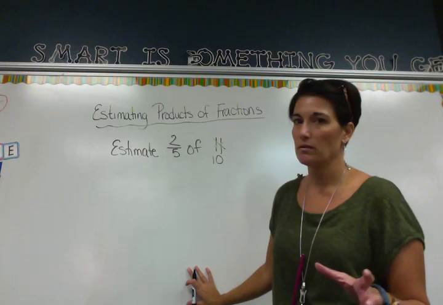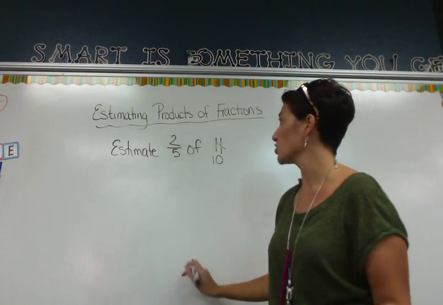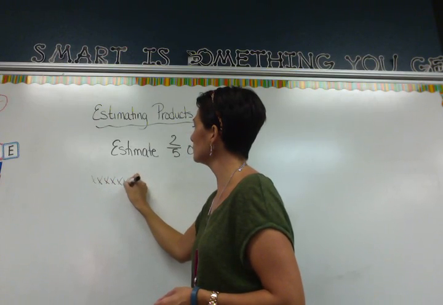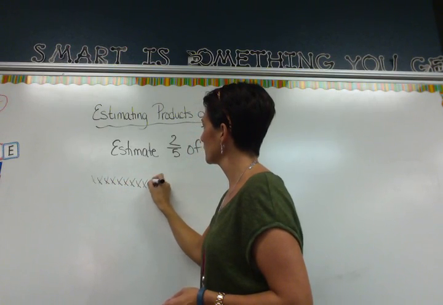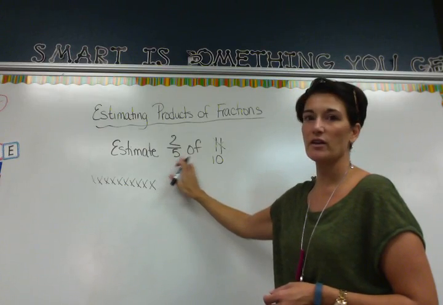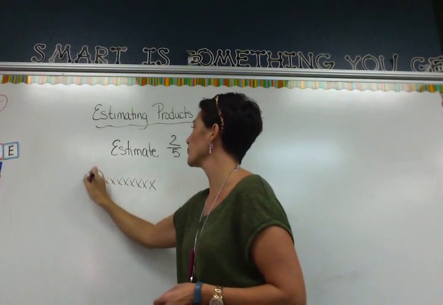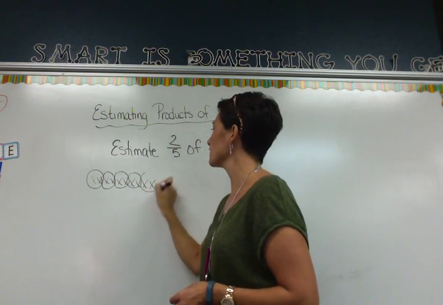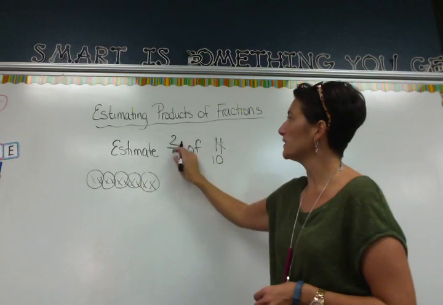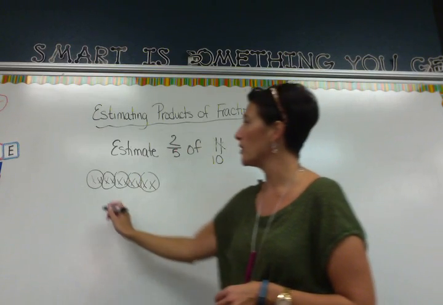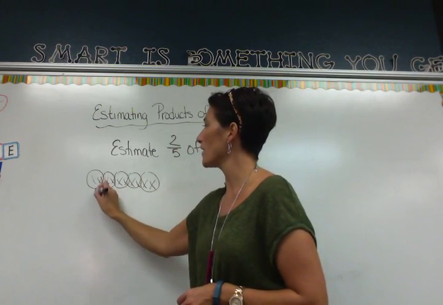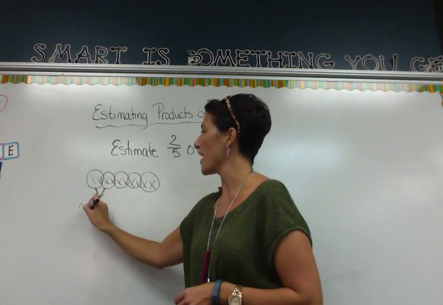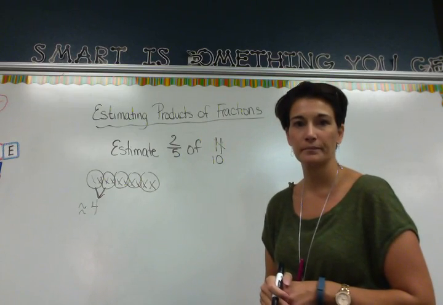There's a couple of different ways you could do this. You could either draw the model, so you could draw a picture of 10. And you could say, okay, 5 goes into 10 2 times, so each group would have 2 in it, because I'm making it into 5 equal groups. Since the numerator says 2, I need a total of 2 of these groups, which would give me an answer of about 4.